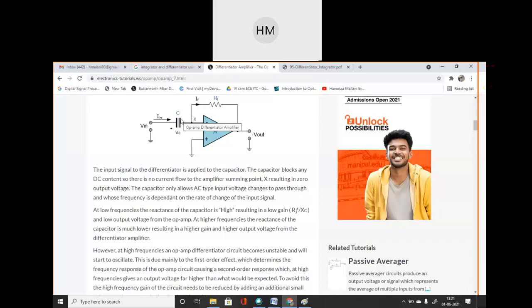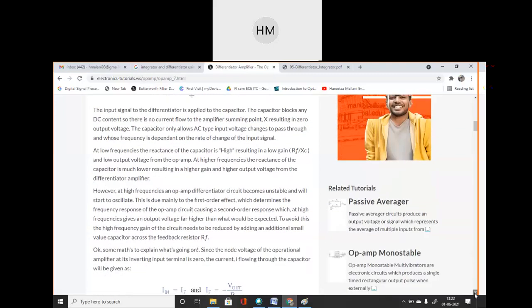At lower frequencies XC is very high, at higher frequency XC is very low, so the gain becomes very high. So this circuit becomes unstable and will start to oscillate. This is due mainly to the first order effect, which determines the frequency response of the op-amp, causing a second order response, which at high frequencies gives an output voltage.